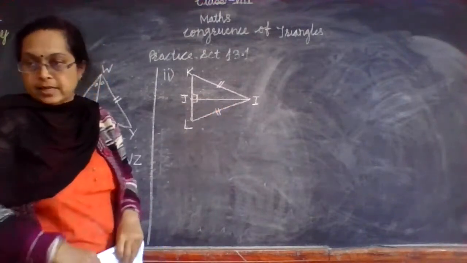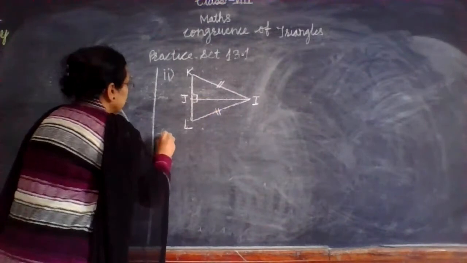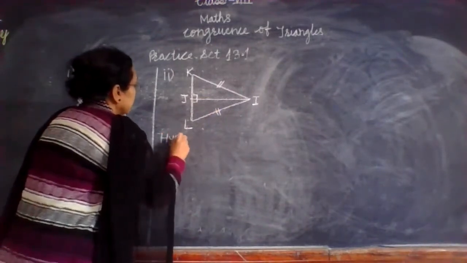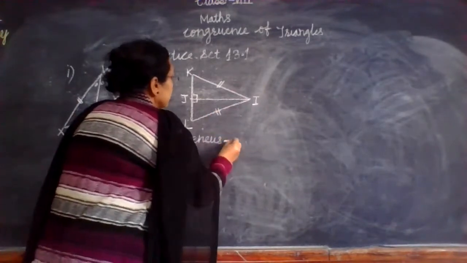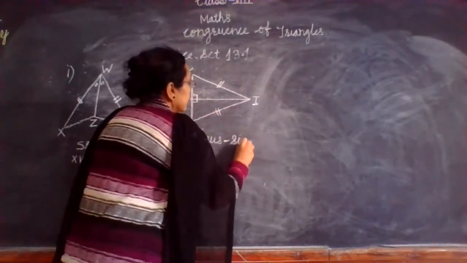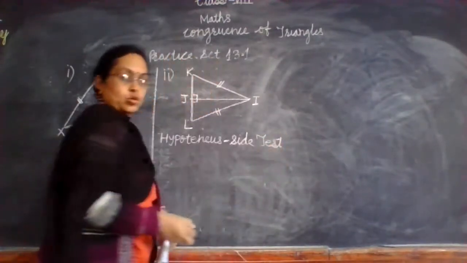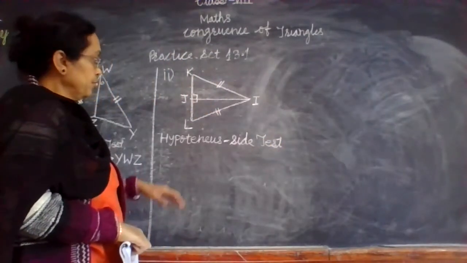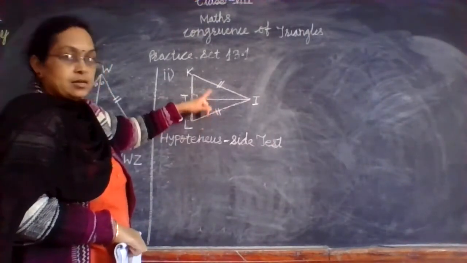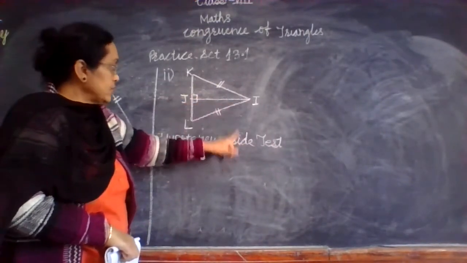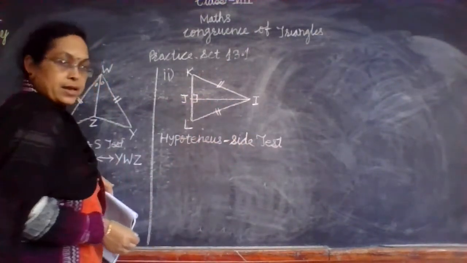So we can say that these triangles are, hypotenuse is congruent. So hypotenuse side test, by this test both the triangles are congruent. Hypotenuse, because hypotenuse are given equal and one side is this, which is common. So now let us write like this.